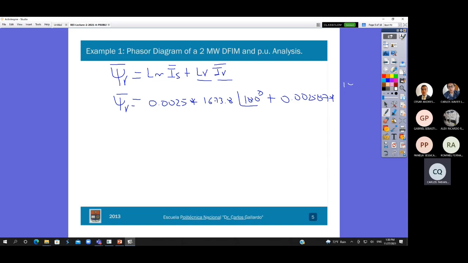So I will have 1807.4 with 16.5 degrees.